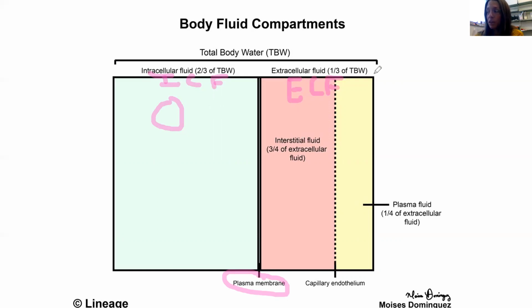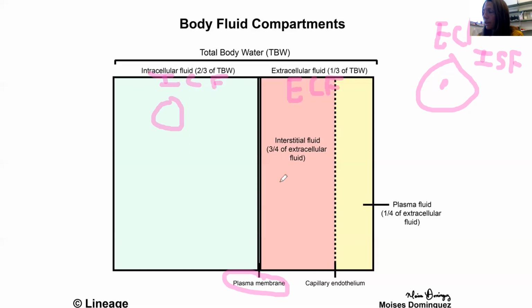The extracellular fluid then is broken into two components. Separated from the plasma membrane is the interstitial fluid. So this would be, got our cell here, ICF inside, ECF is right outside, and specifically, this is the interstitial fluid.